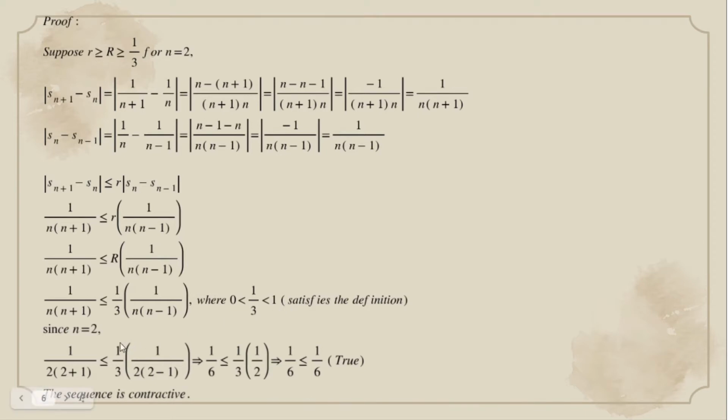And then since n is equal to 2, we substitute into this equation. We'll obtain 1 over 6 less than or equal to 1 over 6, which is also true, hence the sequence is contractive.